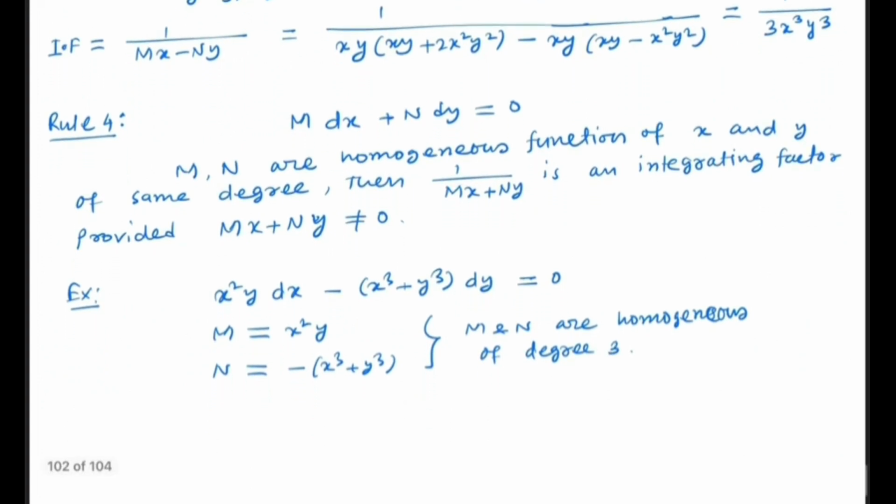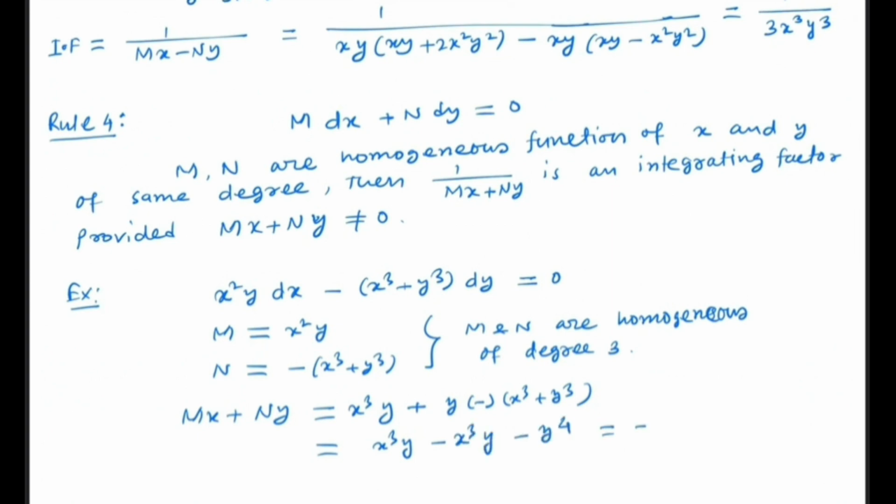So by this rule we can calculate Mx plus Ny, which will be x cubed y plus y times (minus x cubed plus y cubed). So it will be x cubed y minus x cubed y minus y to the power 4. So it is minus y to the power 4, and 1 over minus y to the power 4 is an integrating factor.